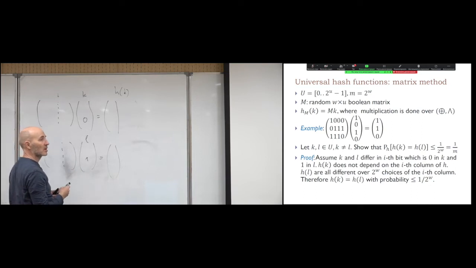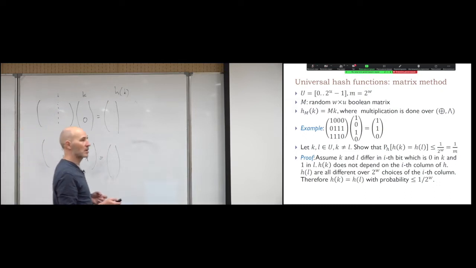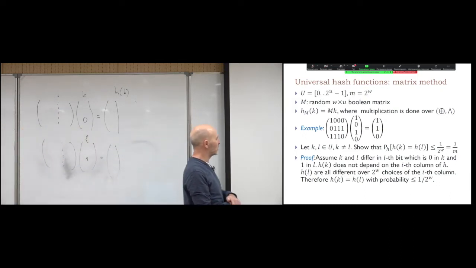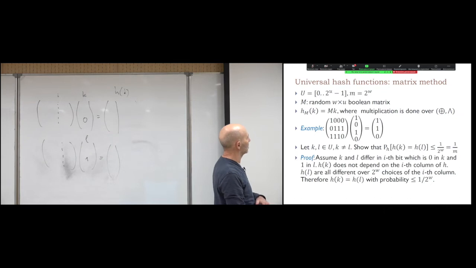In the worst case, only one bit differs. Clear? Okay. So this is the simplest construction of a universal family that I know.